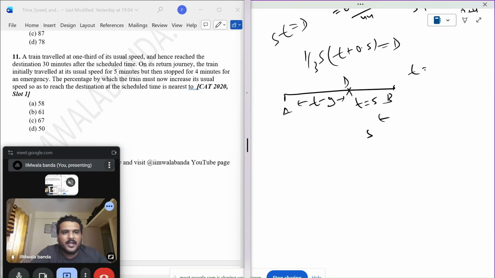It has to increase its speed to s dash so that it can cover the entire distance in the scheduled time, which is t. I'm assuming time in minutes.